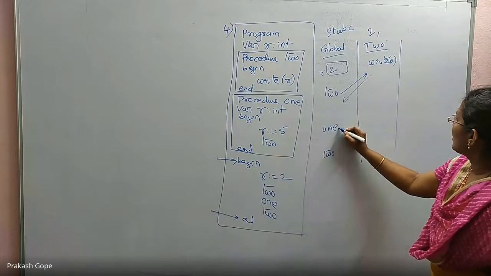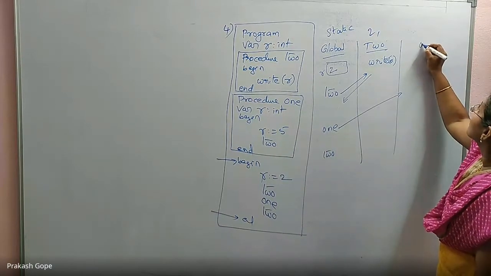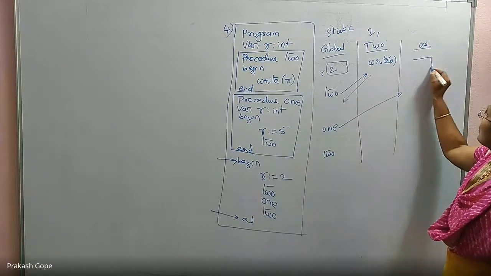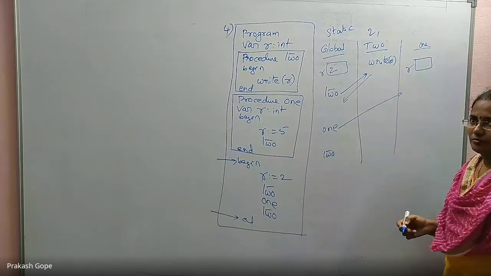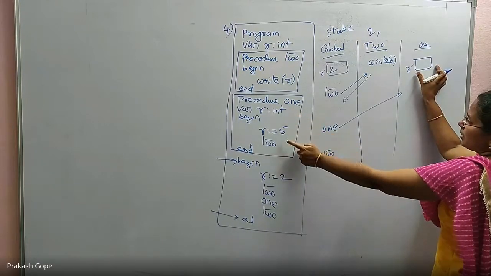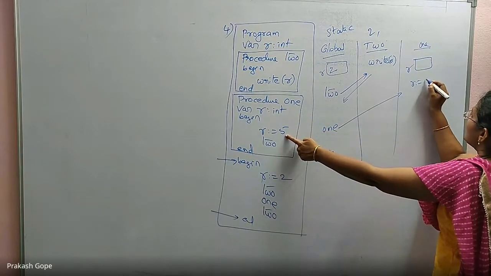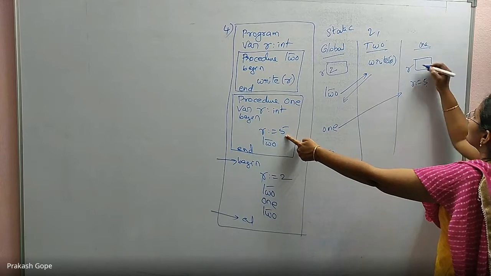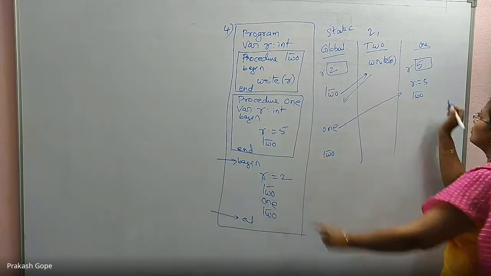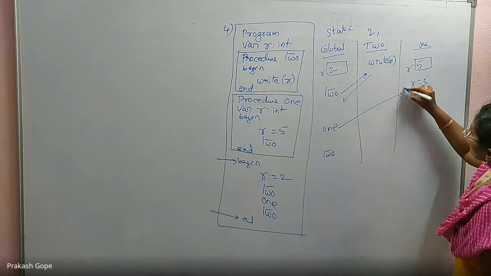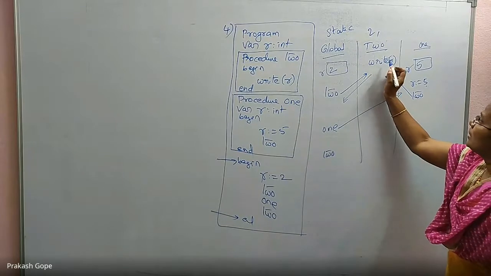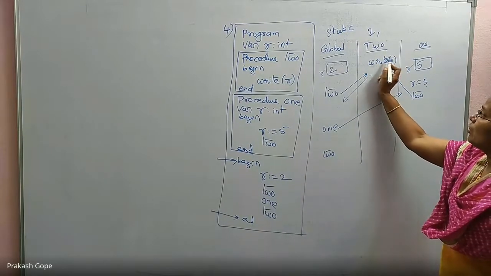Come to procedure 1, in which there is a locally declared R, so memory is allocated. Then R equal to 5. Yes, assignment. I have a locally declared R, so assigned 5. Call procedure 2. From this environment, I am calling procedure 2. Execute write R. But in this environment, do I have a locally declared R?